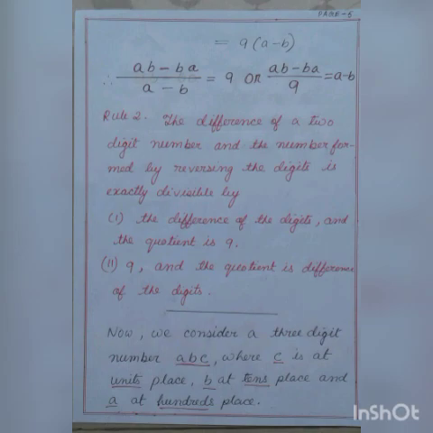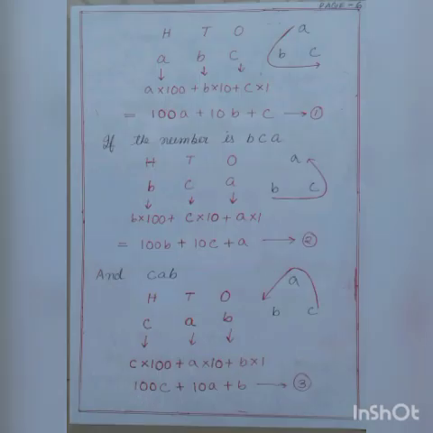Now let us consider a three-digit number ABC, where C is at units place, B at tens place and A at hundreds place. So the generalized form for the number ABC will be 100A plus 10B plus C. I have given it equation number 1.